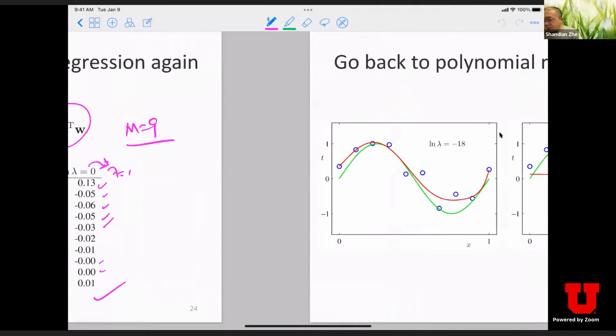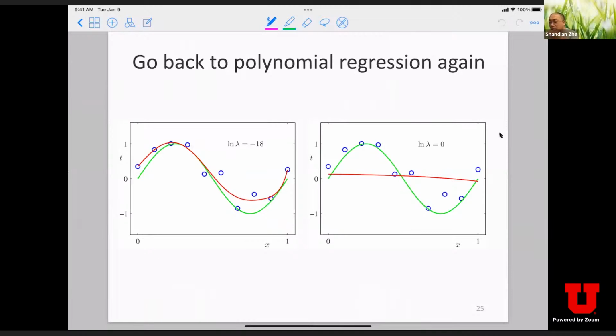Okay. So we can also visualize the estimated curve by choosing different regularization strengths lambda. Of course, the choice of lambda is very important. If you choose lambda equal to e to the power of minus 18, it fits the training data pretty well, but it's not overfitting. It gets very close to the ground truth curve.